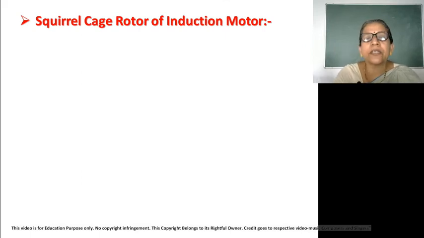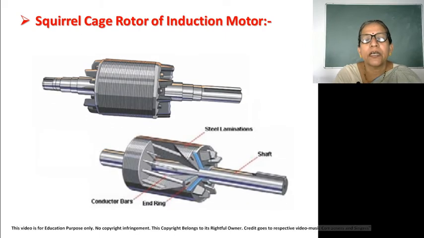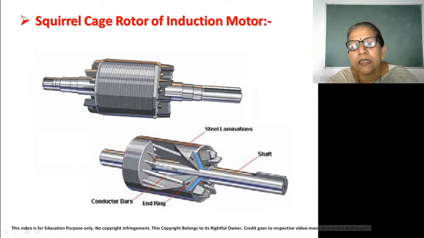I have shown here the diagram of the squirrel cage rotor of an induction motor. You will see here that the shaft is at this angle, and the conductors are slightly tilted. That is a skewed construction. This is the total diagram of the squirrel cage induction motor.